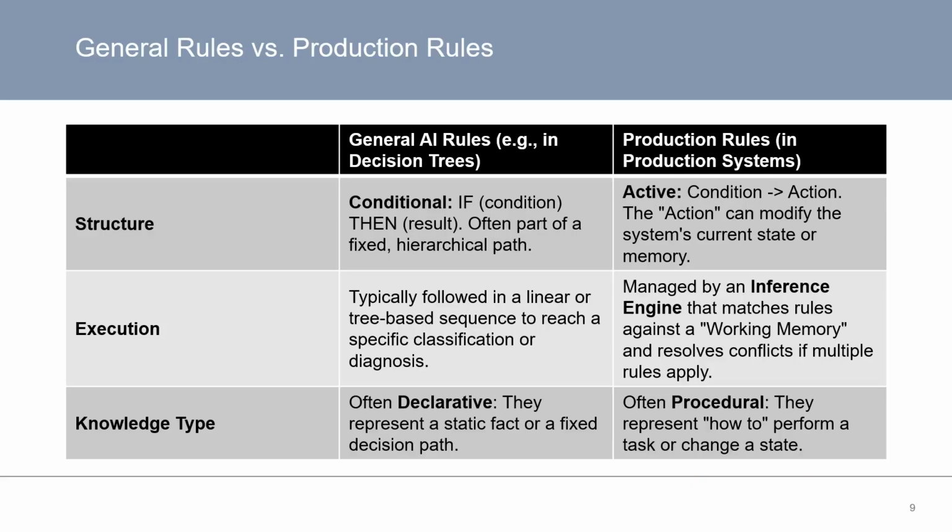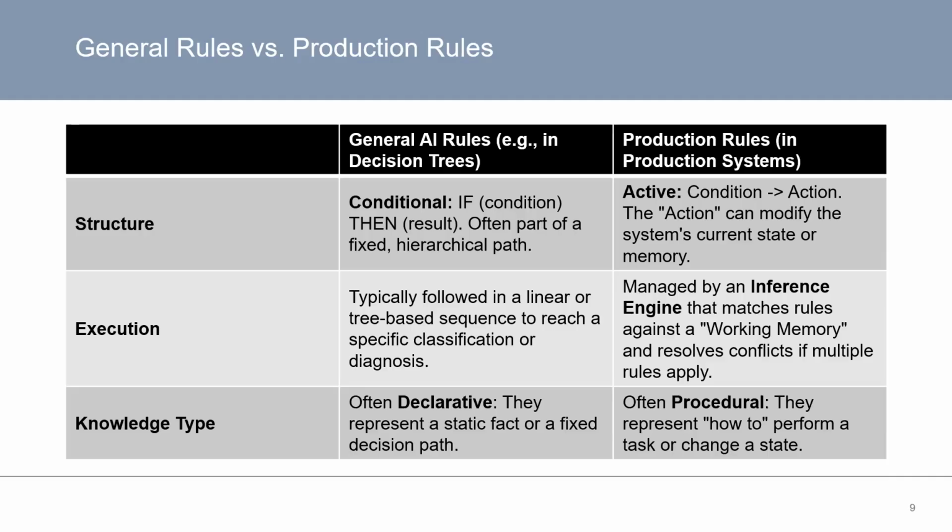Here's a table briefly highlighting the difference between general rules used in artificial intelligence, for example the ones that could be extracted from decision trees, and the type we find in production systems, known as production rules. General rules, as we've seen, follow an if-then structure and are often part of a fixed hierarchical path. They also typically are executed following a linear or tree-based sequence to reach a specific classification or diagnosis, and they often rely on declarative knowledge representing static facts or a fixed decision path.